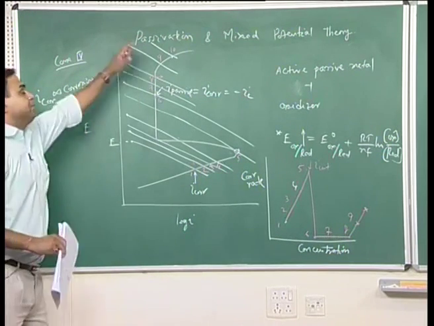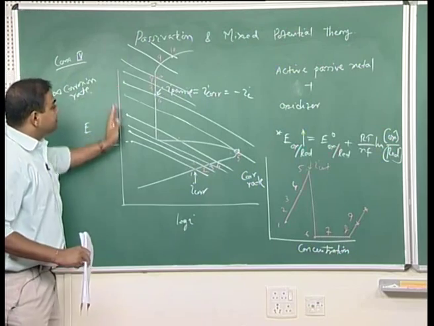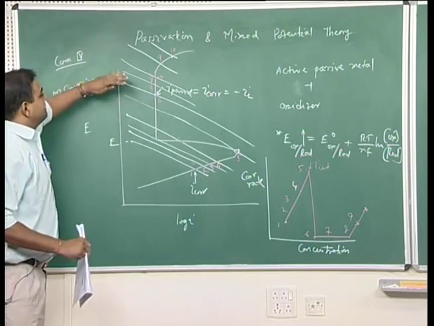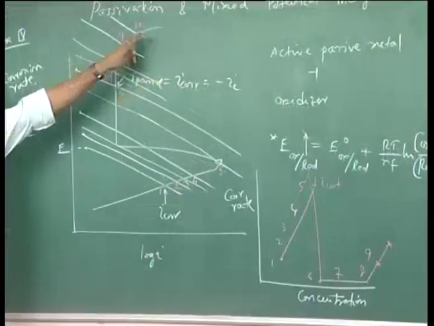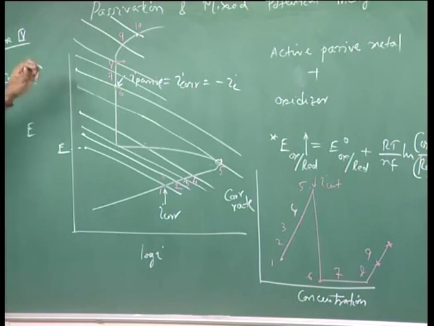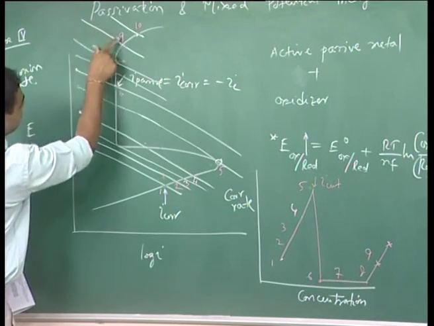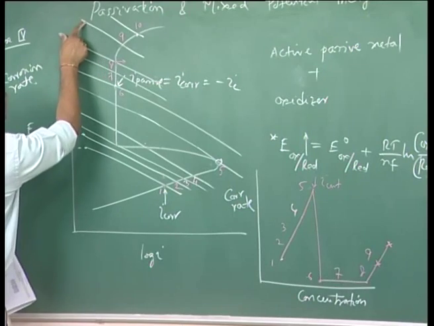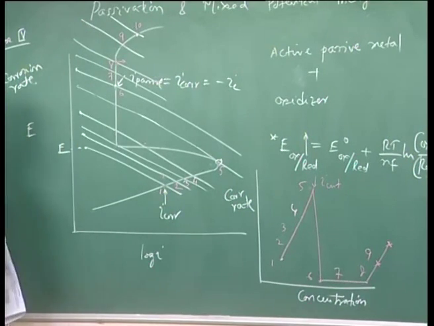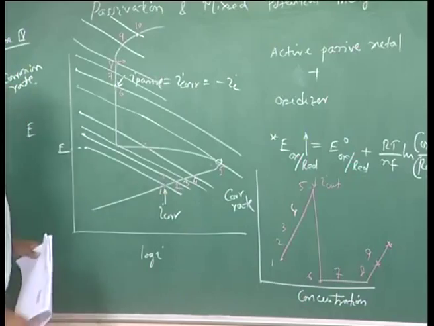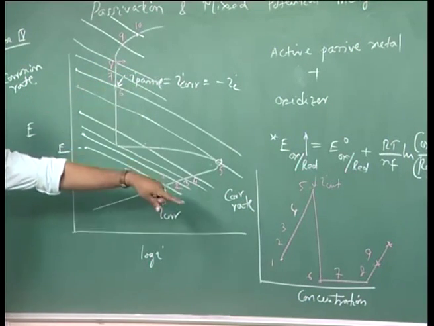Now, let us say I will get back. Initially I increased the concentration, now let me decrease the concentration from this point onwards. If I decrease the concentration of the oxidizer the way we have increased it, it will also follow the same track. Let us say the cathodic polarization line follows this track, then I will get back to the ninth position, corresponding to the corrosion rate.